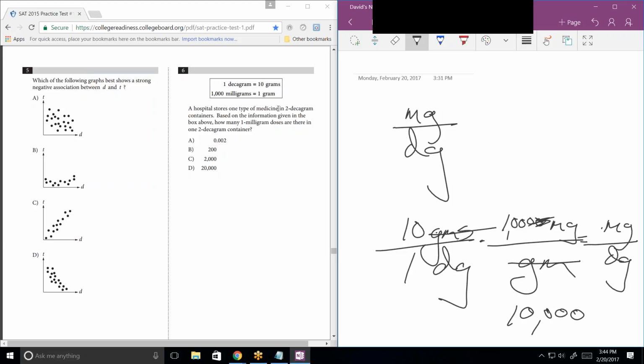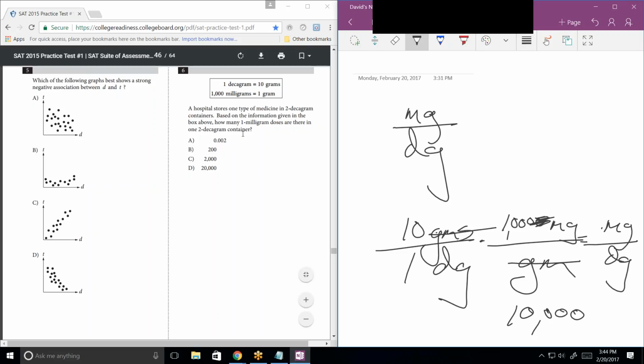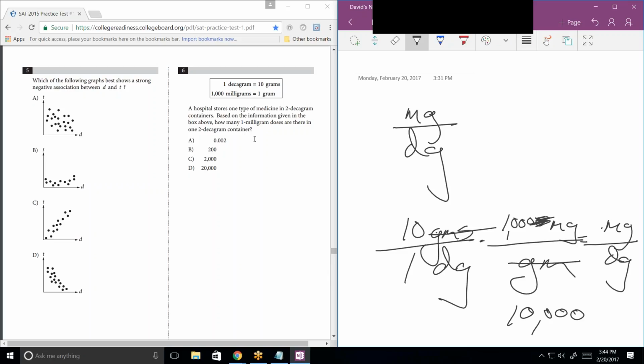One too many zeros there. And that's milligrams per decagram. So how many milligrams are in 2 decagrams? 20,000.